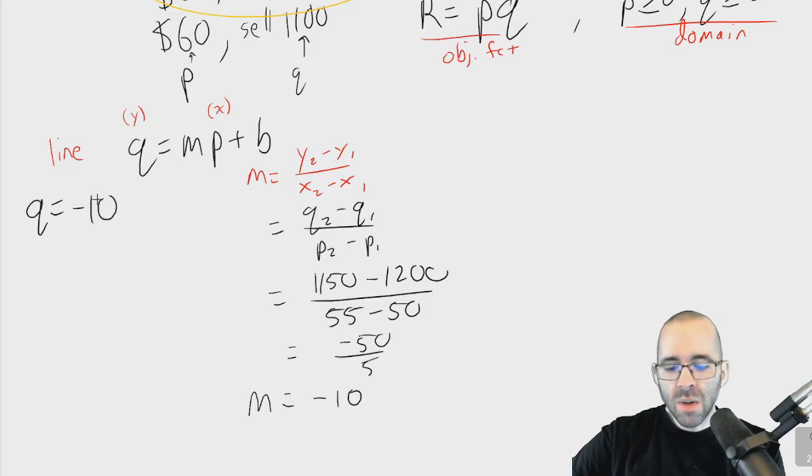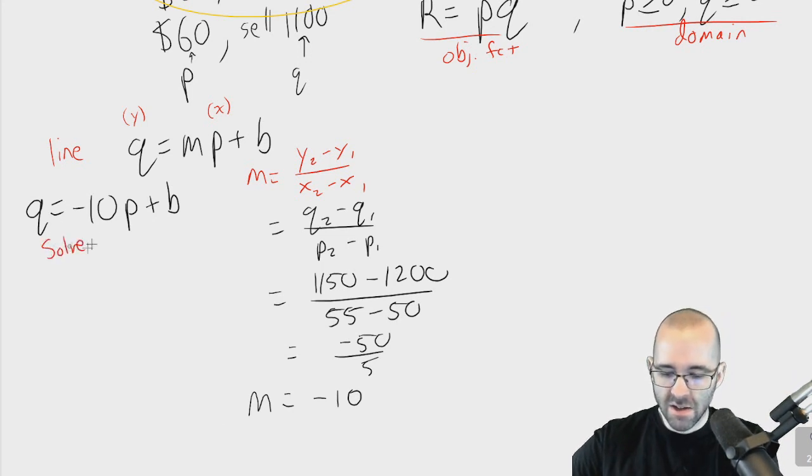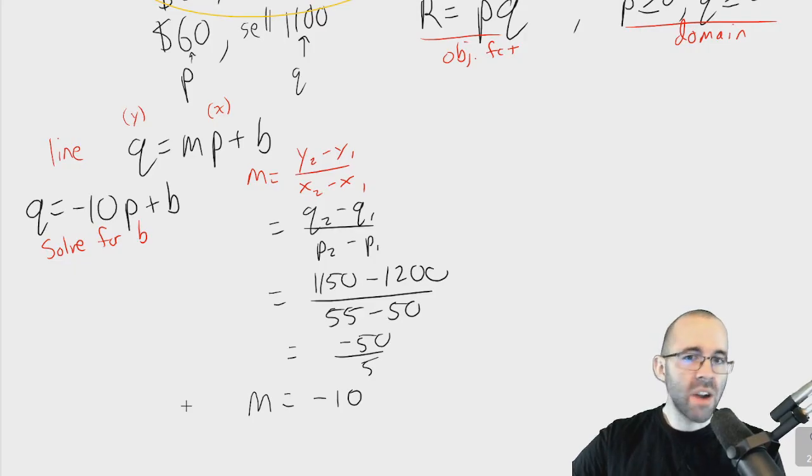The quantity of tickets we can sell is negative 10 times the price plus some B value. We need to solve for B. So we just plug in a price and a quantity. Choose any one you want. I'm going to choose this one so I don't have to scroll. It'll all give you the same number.